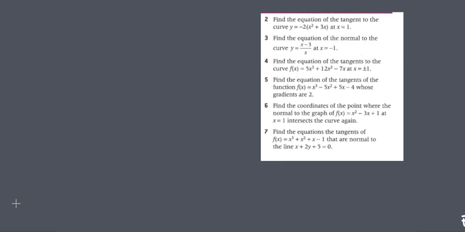So the equation we are given is y equals negative 2 times x squared plus 3x. Okay, let's take a derivative. Before that, let's multiply negative 2 with both of them.